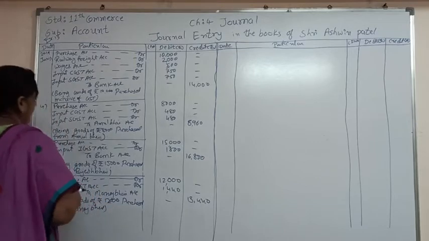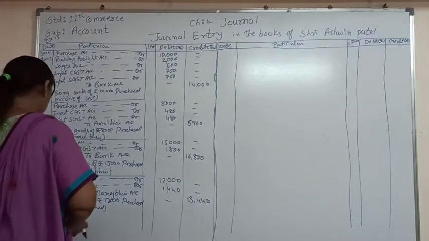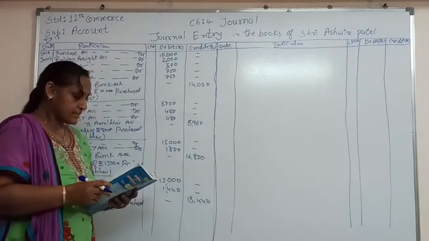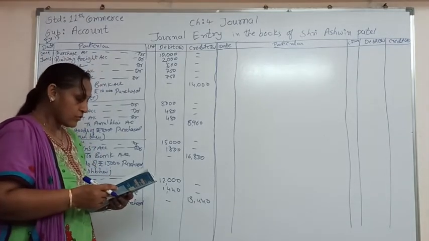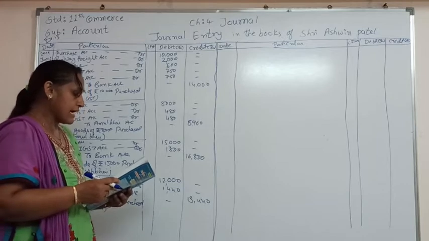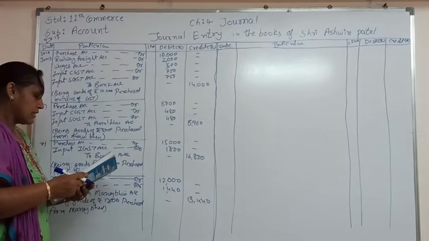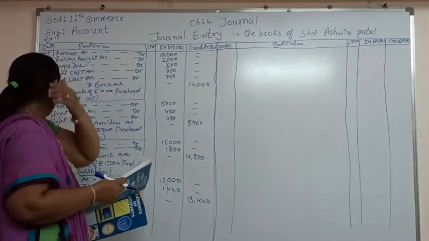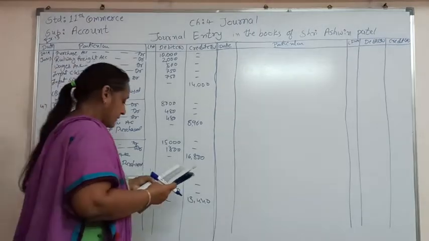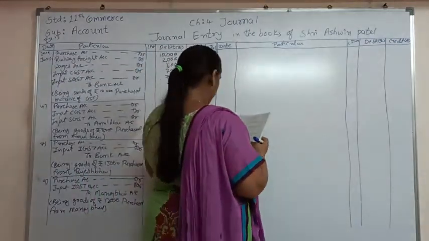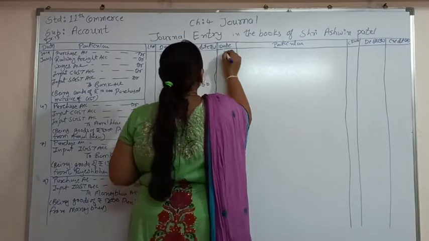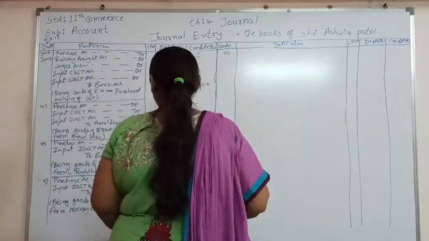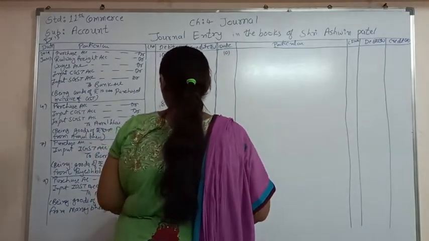So for that, now let's see the next, that is 10, goods of rupees 2,000 returned by Amul Bhai of Anand. So here for the 10th, we can see that we have returned goods to Amul Bhai of Anand.